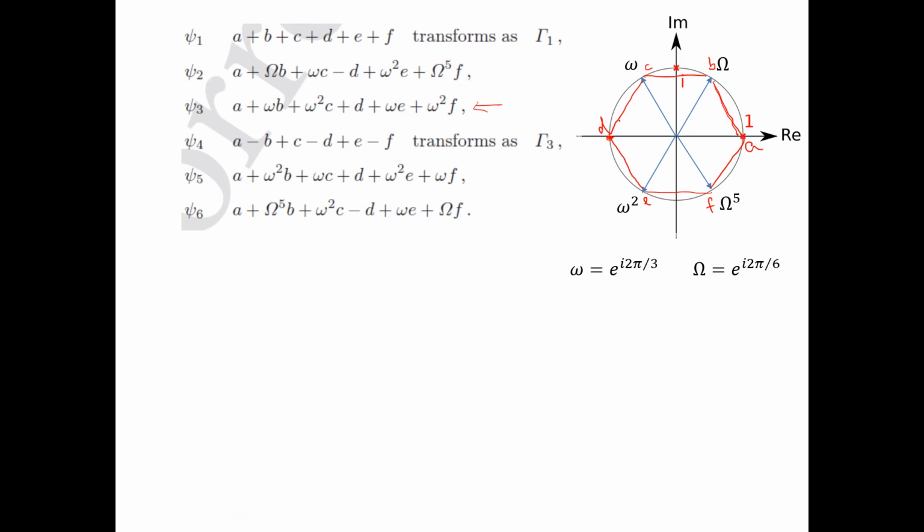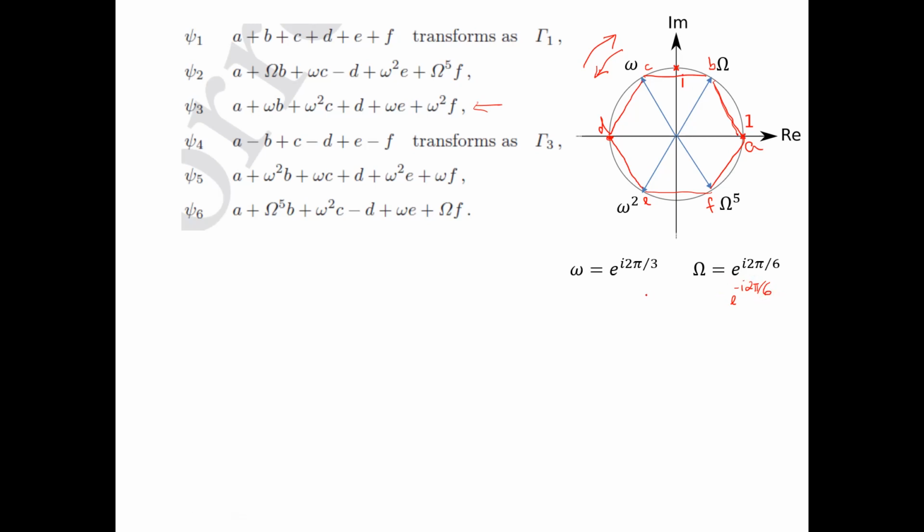I can go around the circle clockwise, which I just did, or I can go counterclockwise, which is equivalent to, instead of adding a phase e to the i 2 pi over 6, adding a phase e to the minus i 2 pi over 6, and I get a different state.